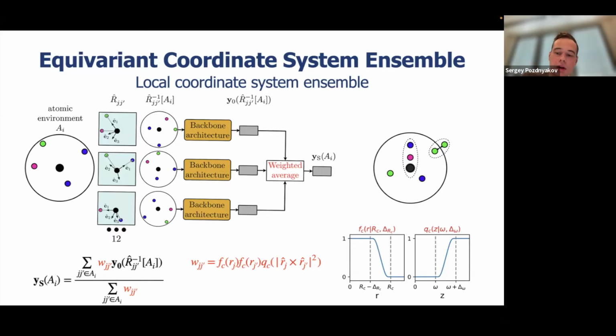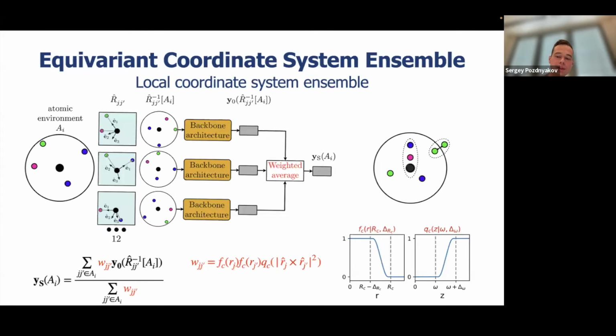But now, because of this stitching function, which is 0 at the cutoff, all the weights for these new terms will be exactly 0. And when this atom continues to move inside the cutoff sphere towards the central atom, the corresponding coordinate system will be gradually and smoothly turned on in accordance with this stitching function.